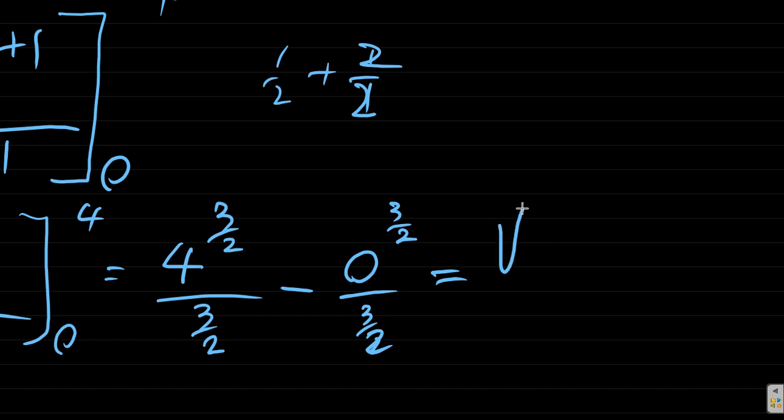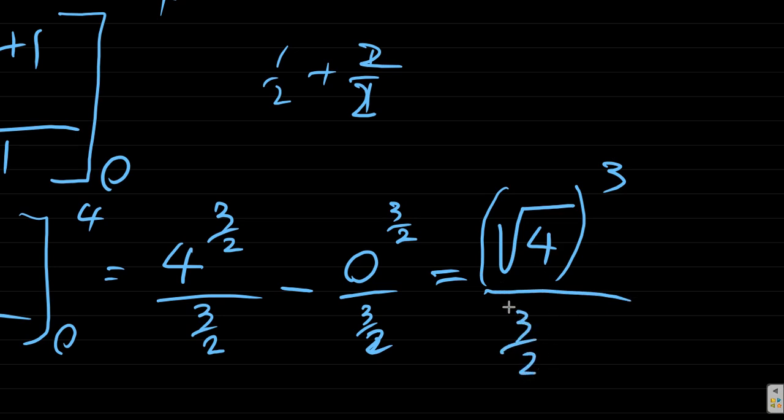So this is the square root of 4 cubed. You'd have to cube 4 and then find the square root, but the cube of 4 is a big number. So find the square root of 4 first and cube it. You're dealing with smaller numbers. Good. Divided by 3 halves.